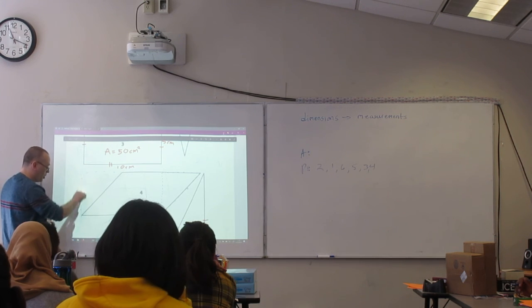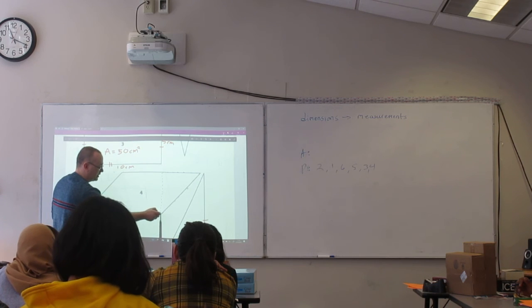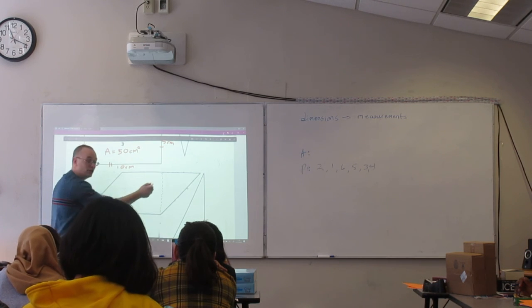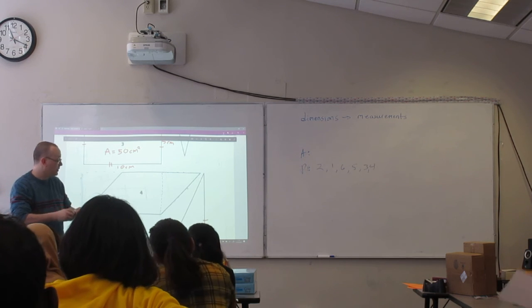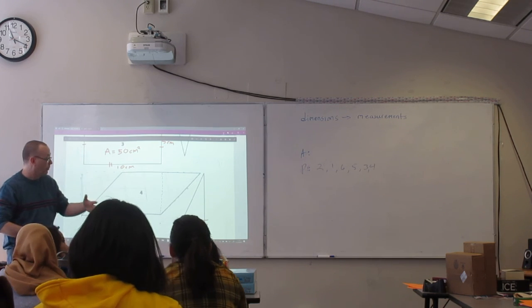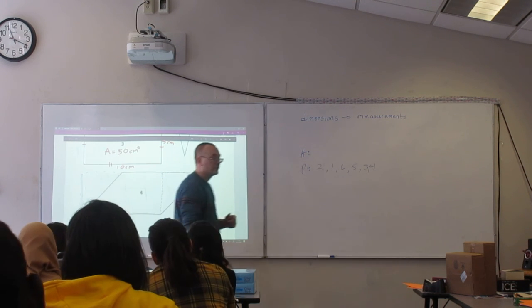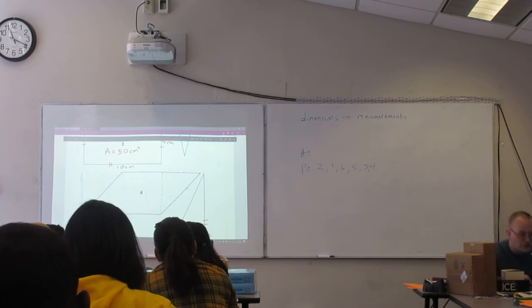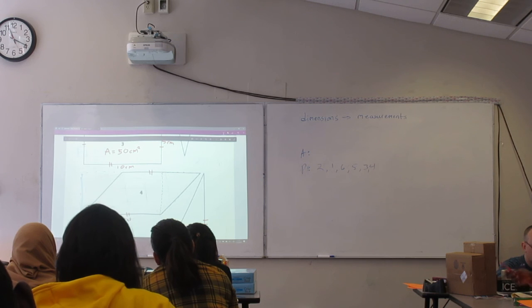So now you just have to know what's that height? What is that distance? What is this piece right here? 5. And you can measure that. You have your rulers. Yeah, 5. Maybe you measured it before, but now you can measure. You go, oh, that's 5. So it turns out that yes, this is still 10 centimeters here.